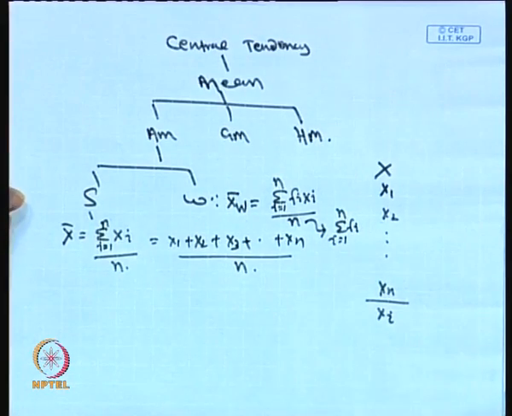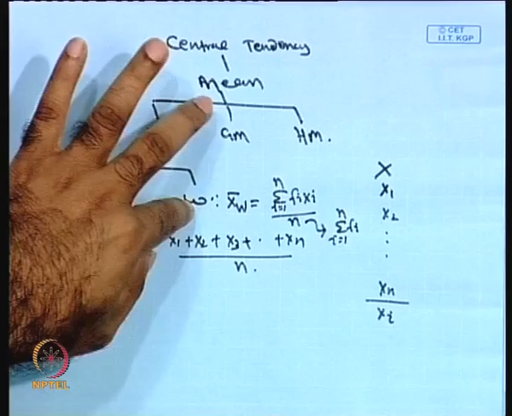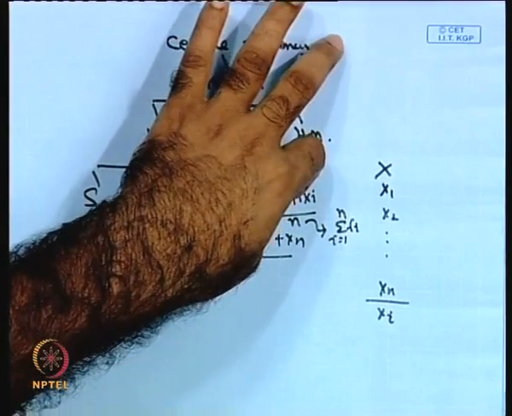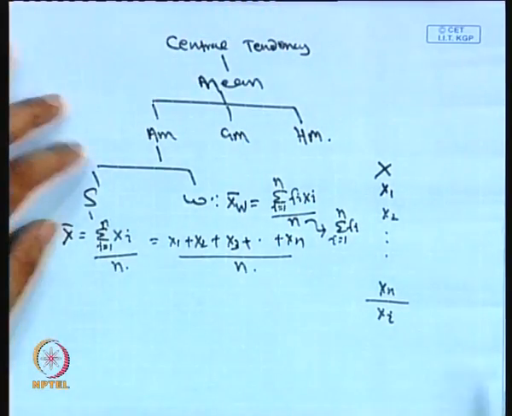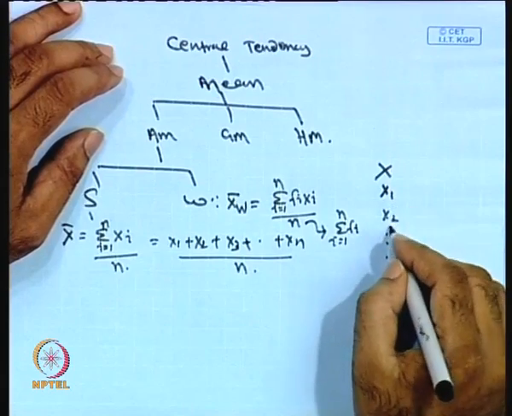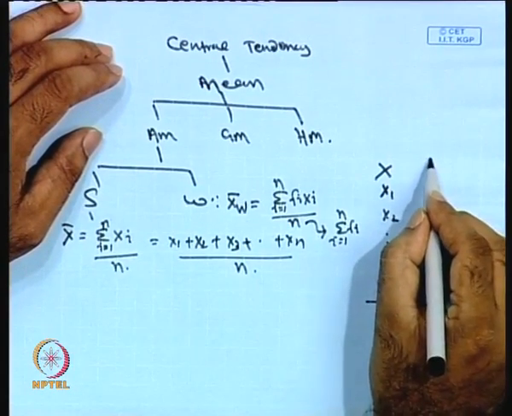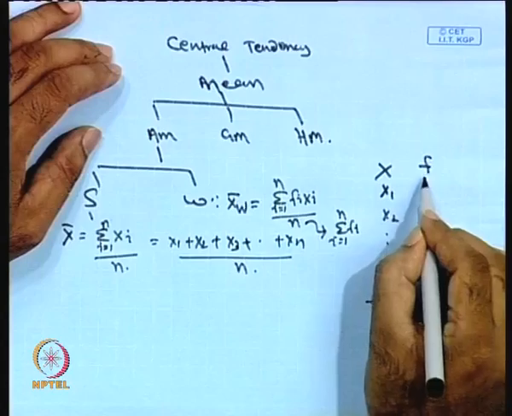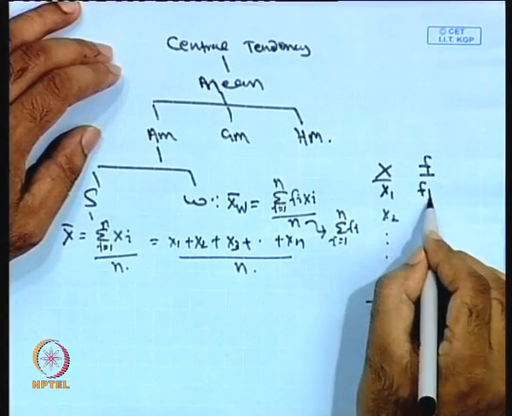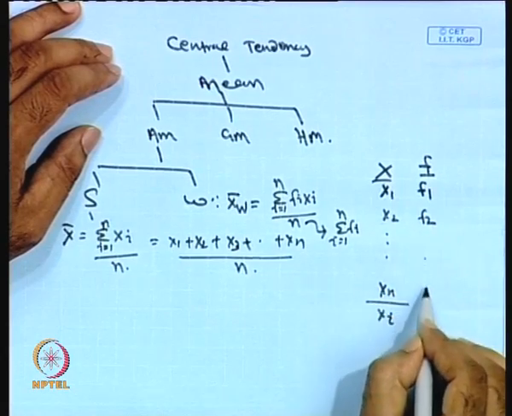That means here w represents weight factors, and that weight has to be represented in the form of frequency. For instance, if you take these particular variables x1, x2 up to xn, then corresponding to each variable x, we have frequency f1, f2 up to fn.